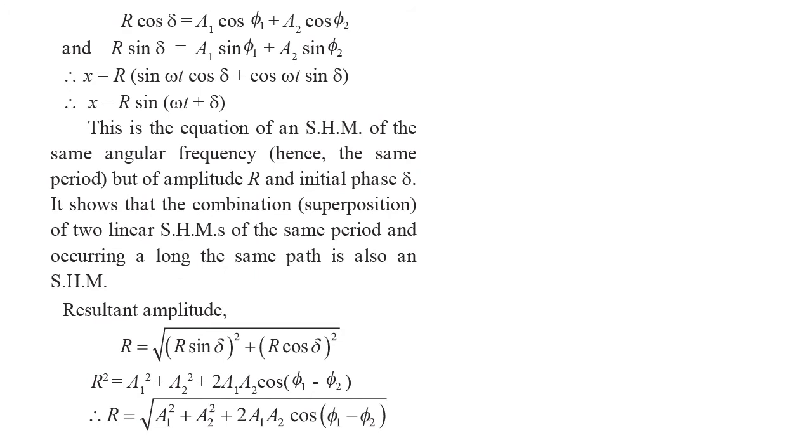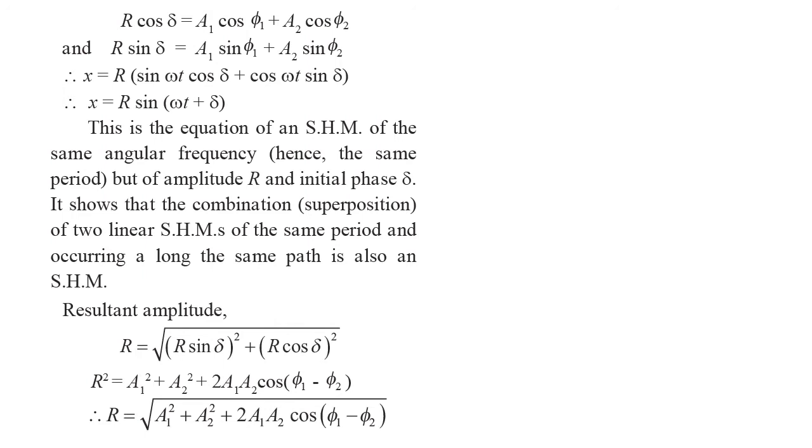Now here a1 and a2 and alpha 1 and alpha 2 are constants, and when we combine them in terms of other convenient constants r and delta, the earlier equation can be written as r cos delta equals a1 cos alpha 1 plus a2 cos alpha 2 and r sin delta equals a1 sin alpha 1 plus a2 sin alpha 2.